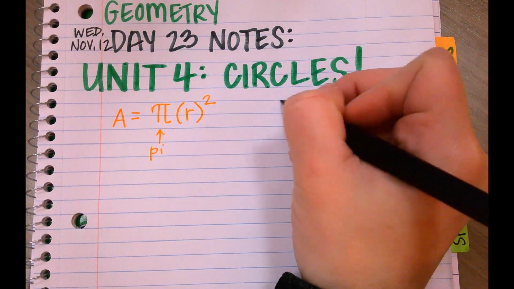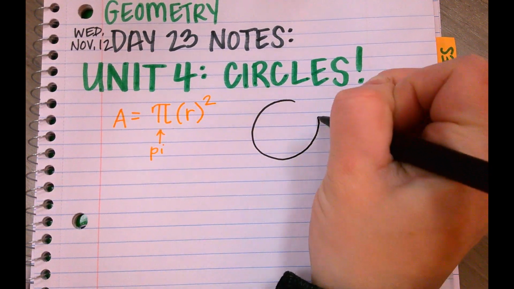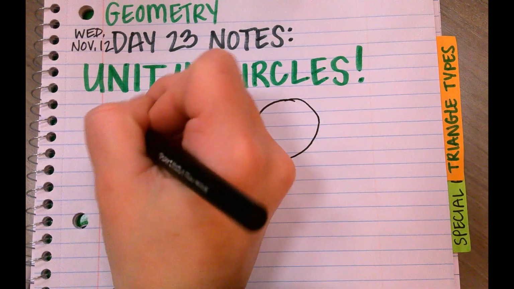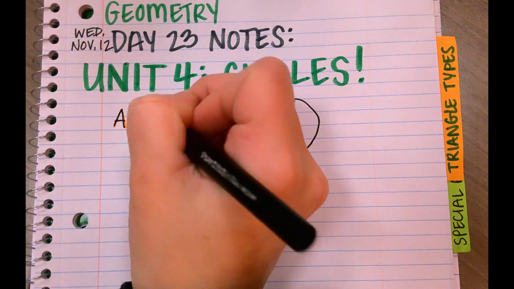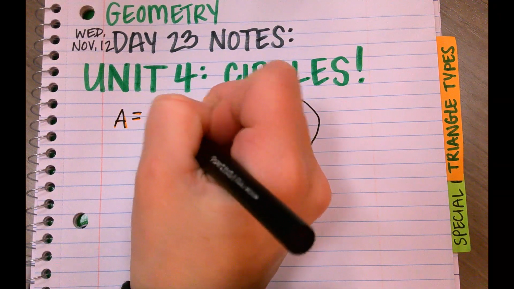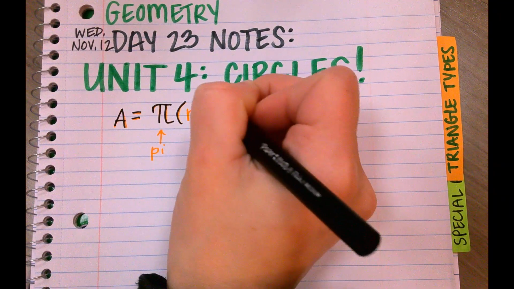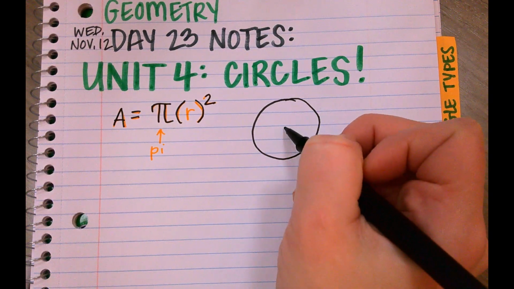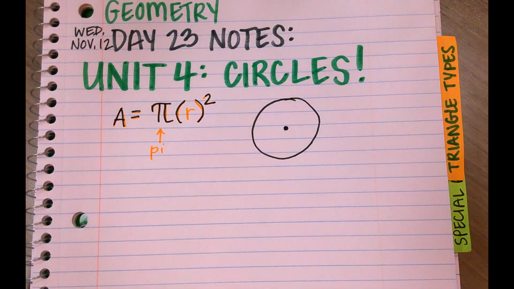And when we have a circle, I'm going to just draw roughly a circle here. Draw a point roughly in the center of my circle.